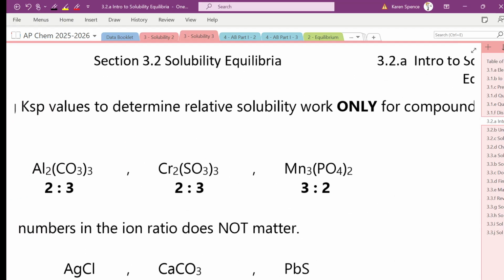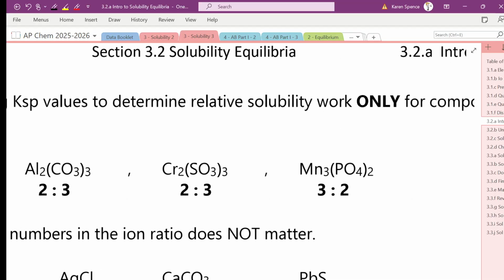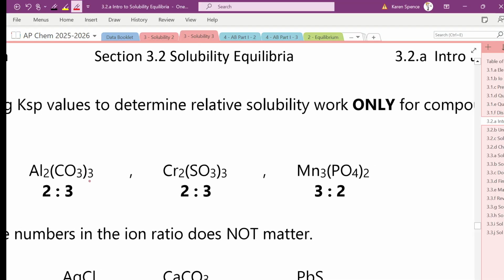Would we be able to compare Al2(CO3)3, Cr2(SO3)3, and Mn3(PO4)2? Would we be able to just compare their KSPs? Yes.